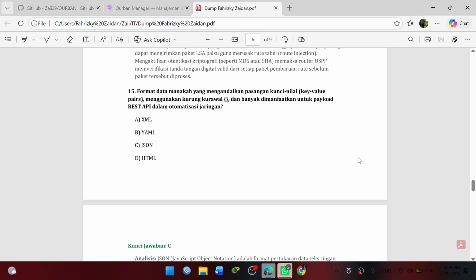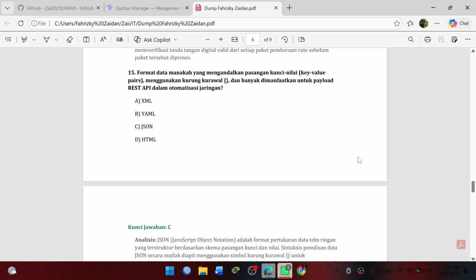15. Which data format relies on key-value pairs, uses curly braces, and is widely used for REST API payloads in network automation? And for question 15, the correct answer is C. JSON, or JavaScript Object Notation.